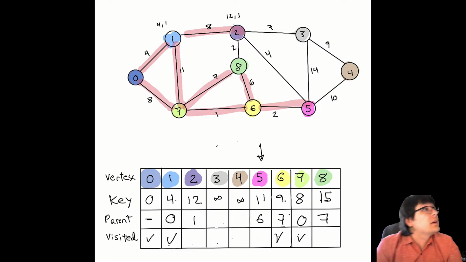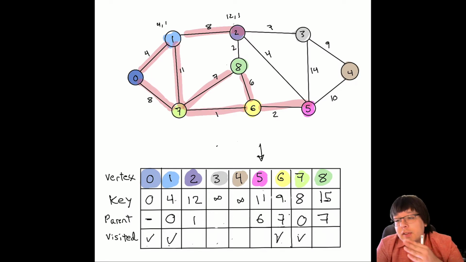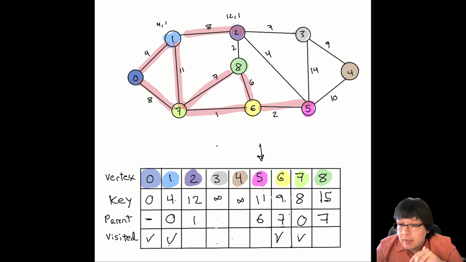Okay? Visited means all edges from the vertex have been checked, right? No. Visited means that we selected that vertex to go to and then check the edges out of it. That's all it means. So how do you pick a vertex to visit? You pick the smallest weight of them. So like right now we picked 5 because 11 was smaller than the remainder ones, which are 12, infinity, infinity, and 15.